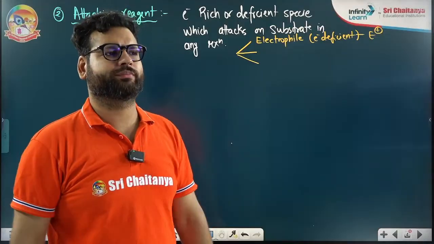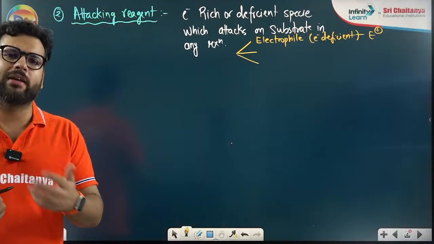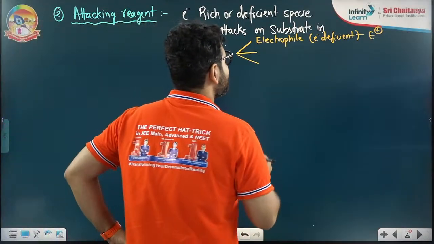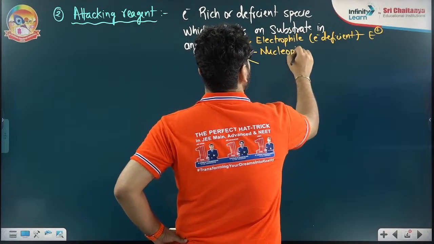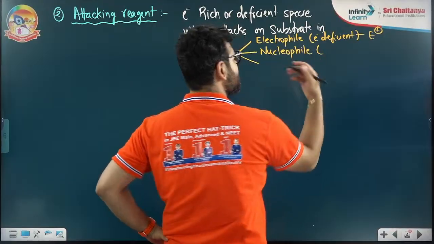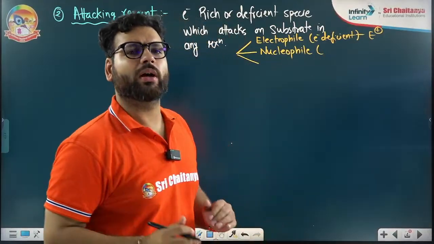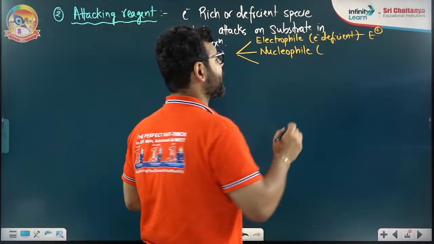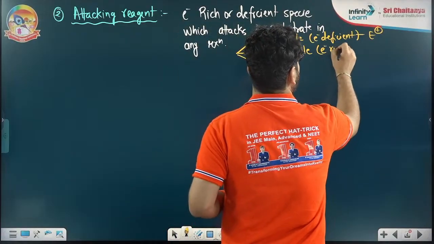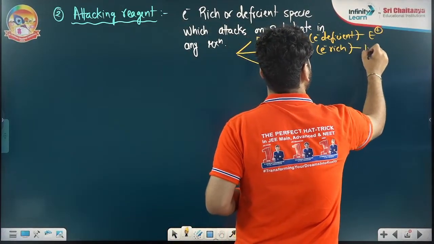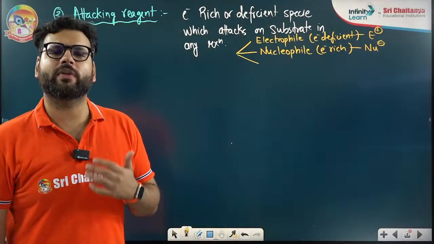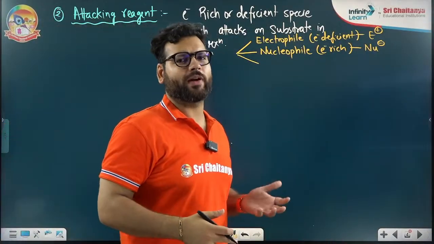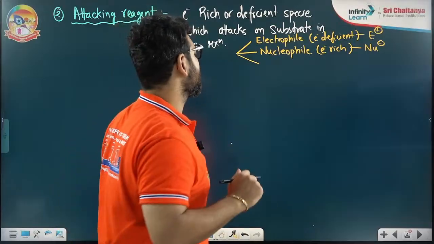Then there is the nucleophile, meaning nucleus loving. Who will love a nucleus? The nucleus is positively charged, so an electron dense, electron rich species will love a nucleus. So I'll show it as Nu negative. It is not always that nucleophiles are negative; nucleophiles can be neutral as well sometimes.